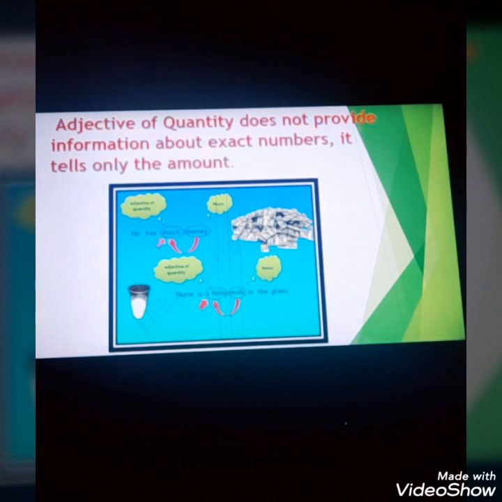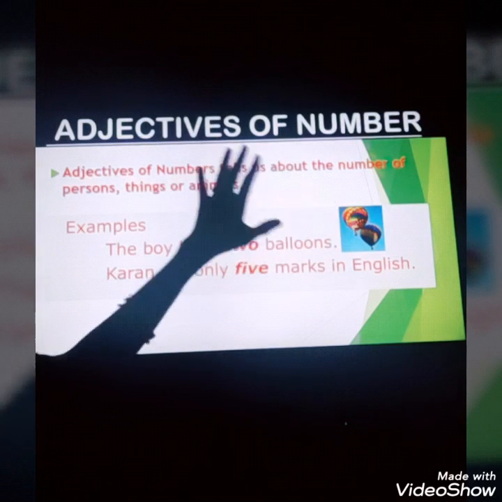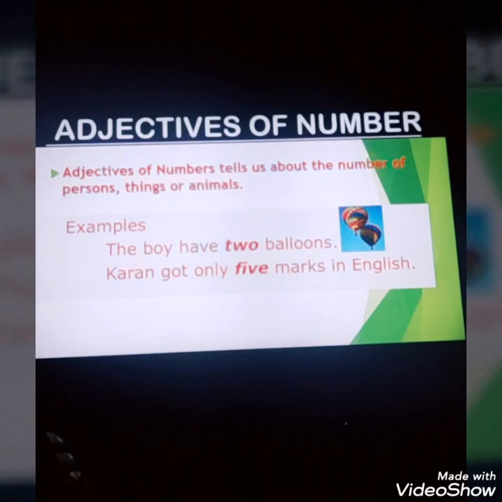Now let us come to the third type of adjectives. Adjectives of number. Adjectives of number tell us about the number of persons, things or animals. Now it tells us about the exact numbers.